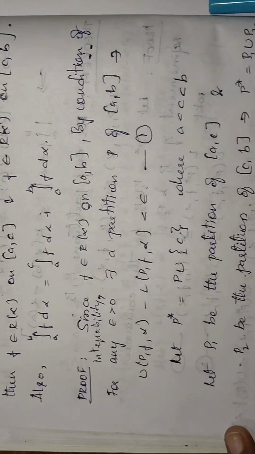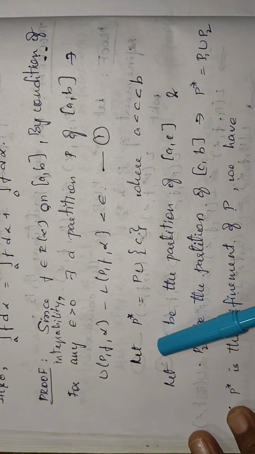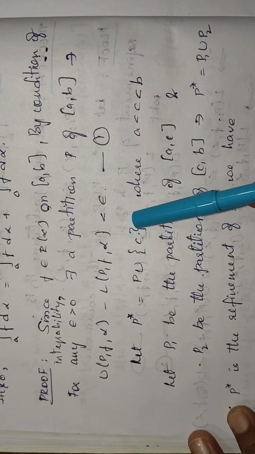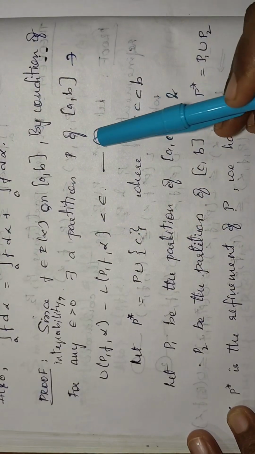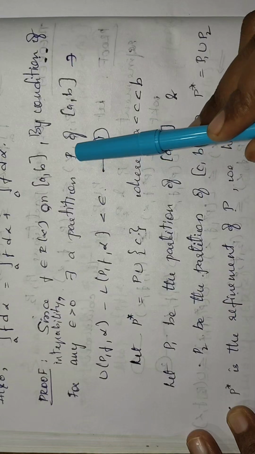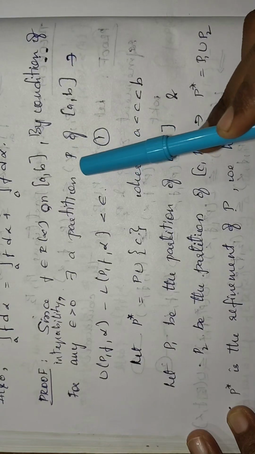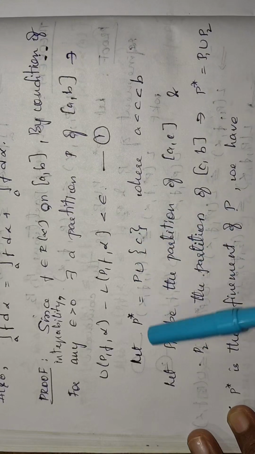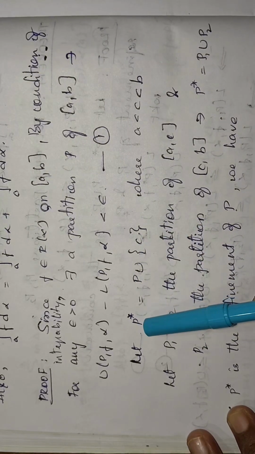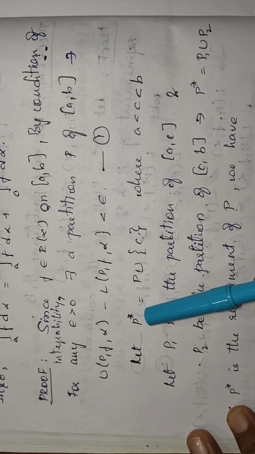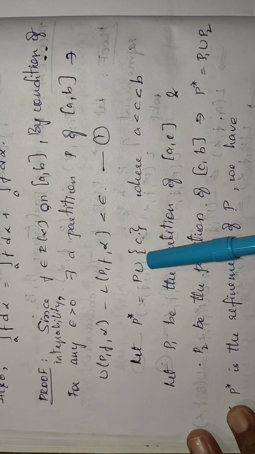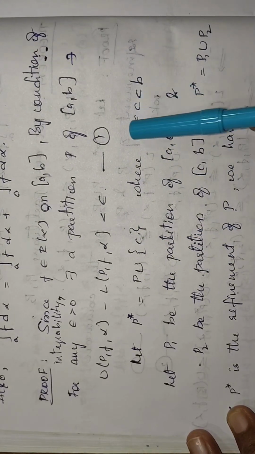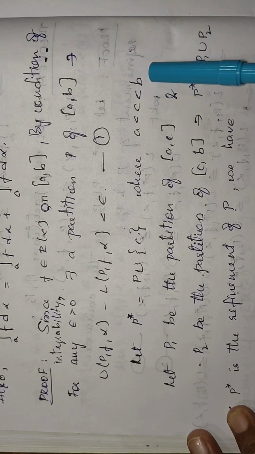Now let P star equal P union the singleton set C. We are adding one more element C to the partition P and calling that set P star, where C belongs to open interval a comma b.